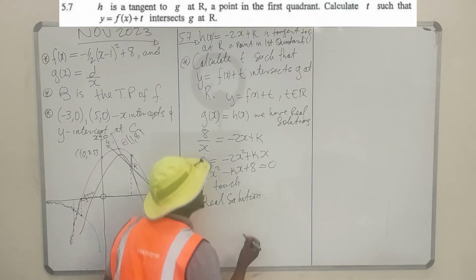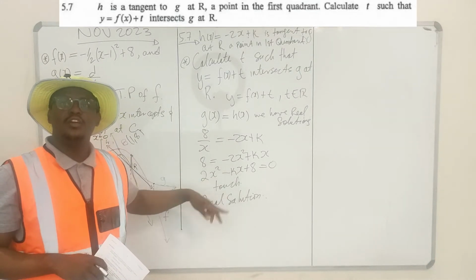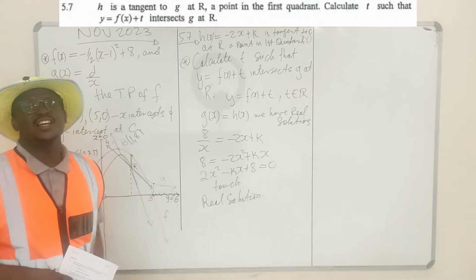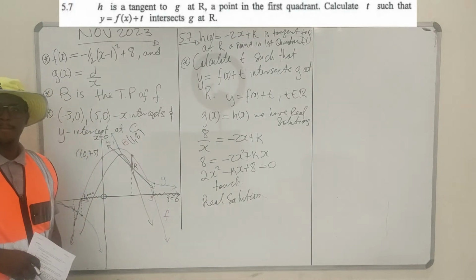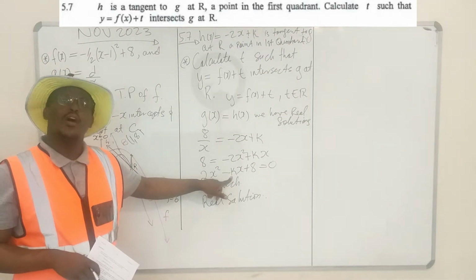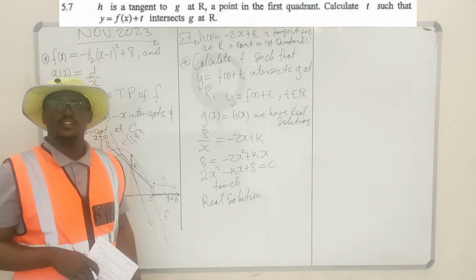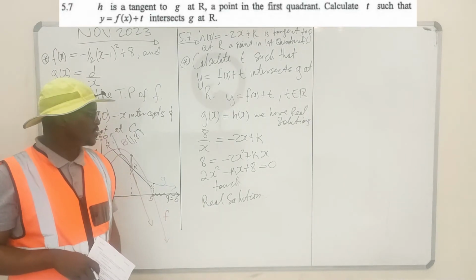Because these two things are touching, which means for some value of k, you will be able to find the point of intersection. For whatever value of k that you are given, if they are touching, you will be able to find the real solutions. That's what this thing means.